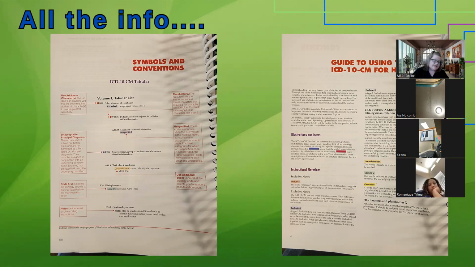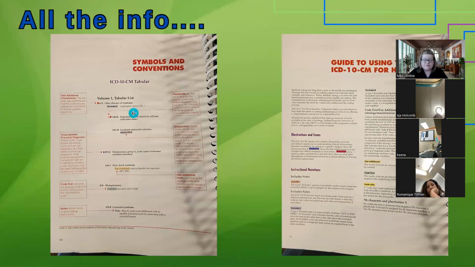This is in that section in the very, very front. And you'll see here that there's one that says symbols and conventions. One of the ways that ICD-10 is different from CPT is there are a lot of symbols in the book, around the definition, stuff that you have to kind of decipher and figure out what it's telling you about that code.